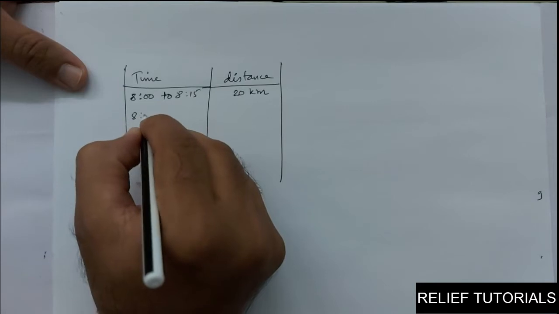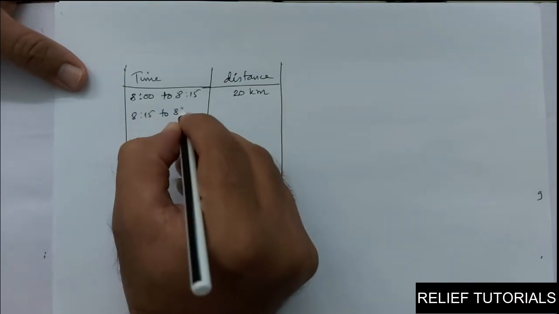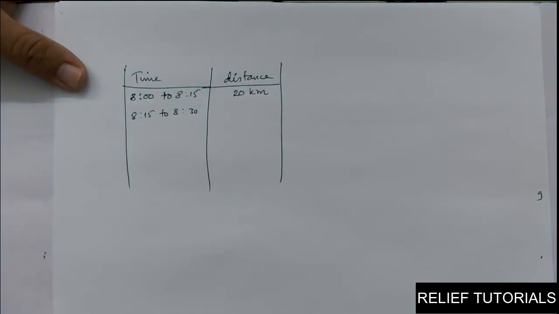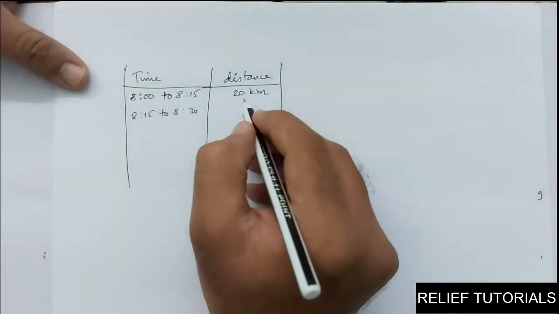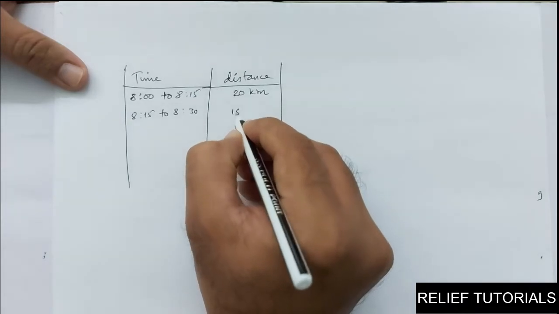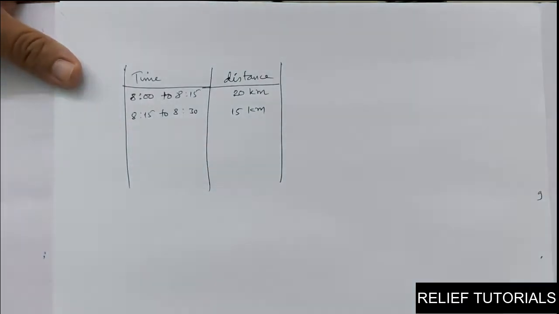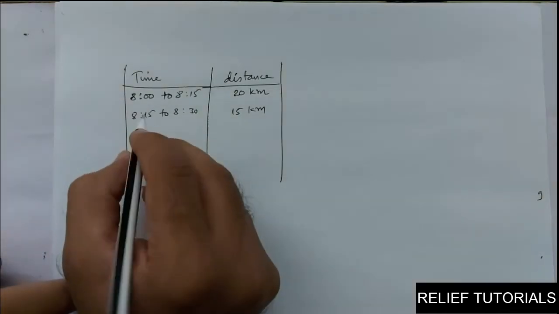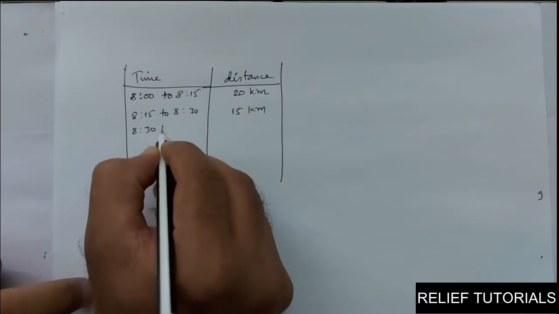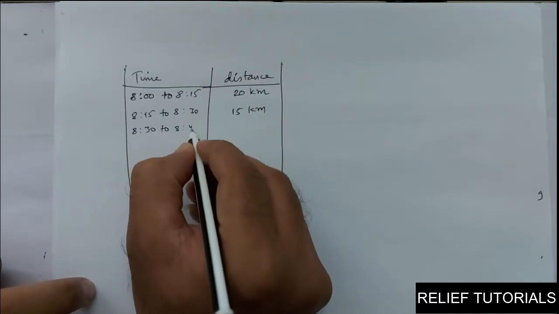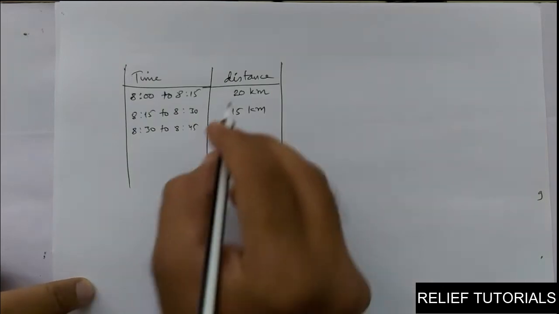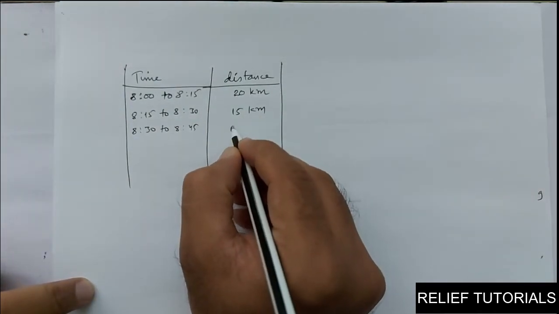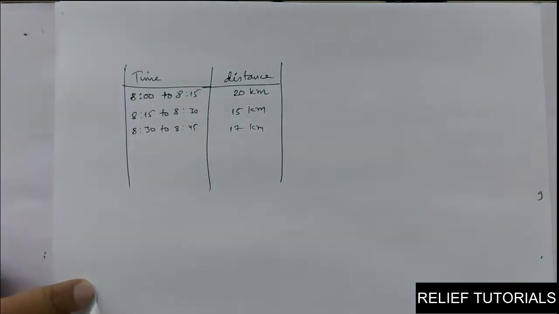From 8:15 to 8:30, you are making the time intervals equal, 15 minutes each. You have noted that in the next 15 minutes your car has traveled 15 kilometer distance, because it is not necessary that in all the equal 15 minutes you are traveling the same distance every time. So again the next 15 minutes, 8:30 to 8:45, your car has traveled 17 kilometer distance.